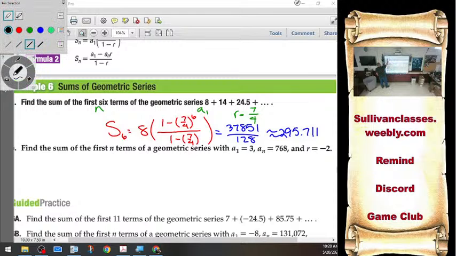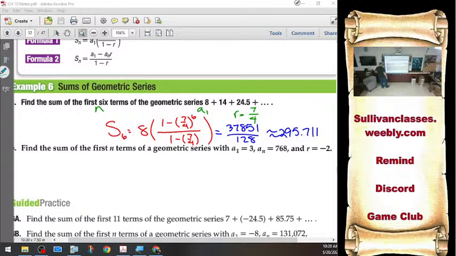Round 2, what information am I given? Well, that, right? So I've got enough to do the second formula. So we're going to say S sub n, I have no idea what n is, and I don't care.